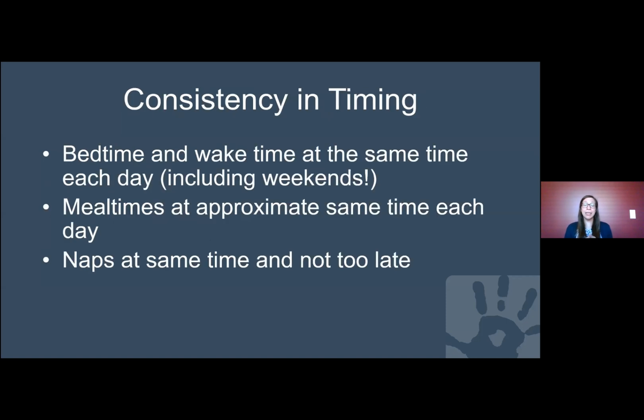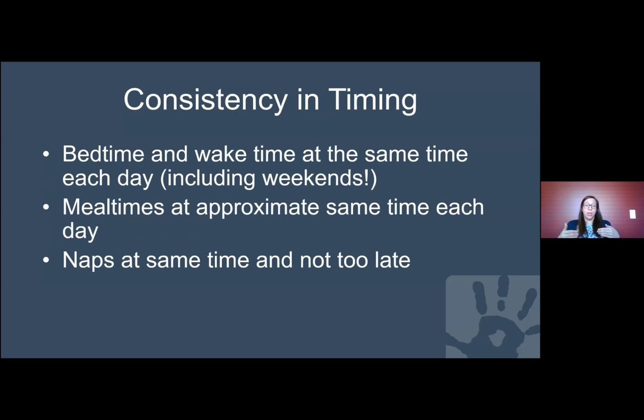So, consistency and timing. It is really important and optimal that bedtime and wake time occur around the same time each day, including weekends. On weekends, there should be no more than an hour of difference, especially in the wake time.